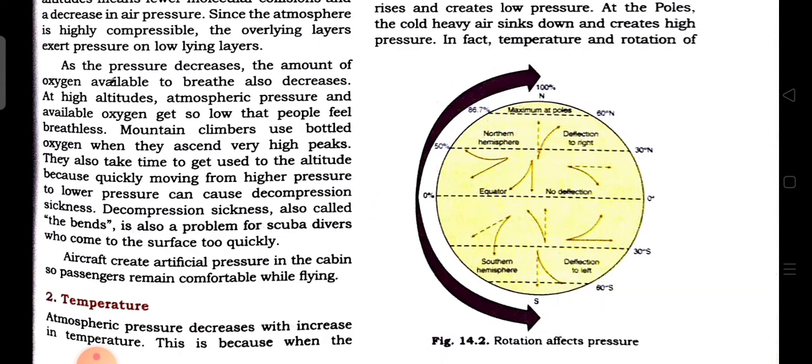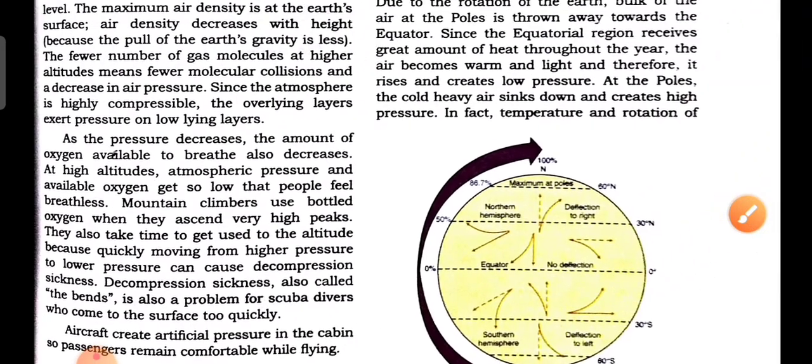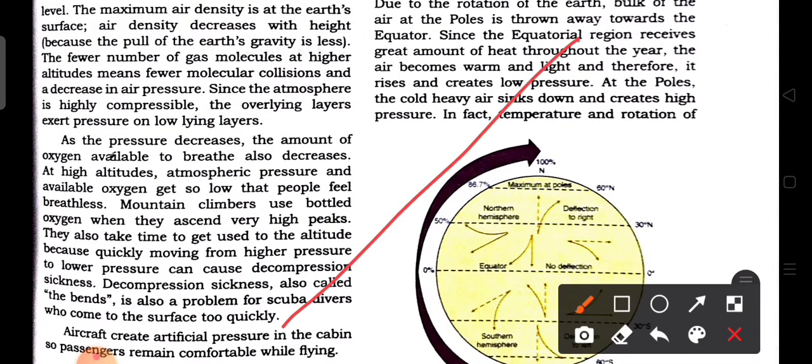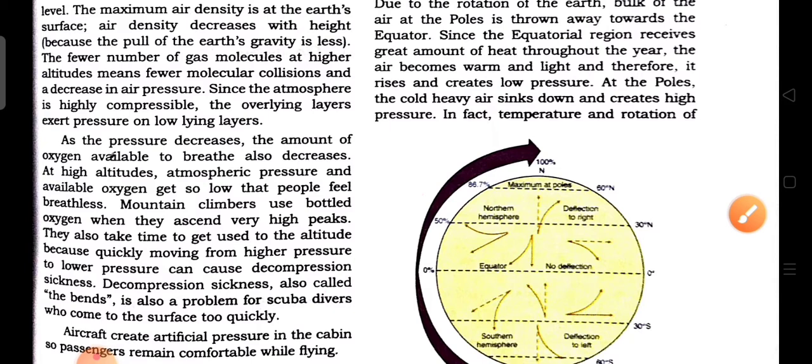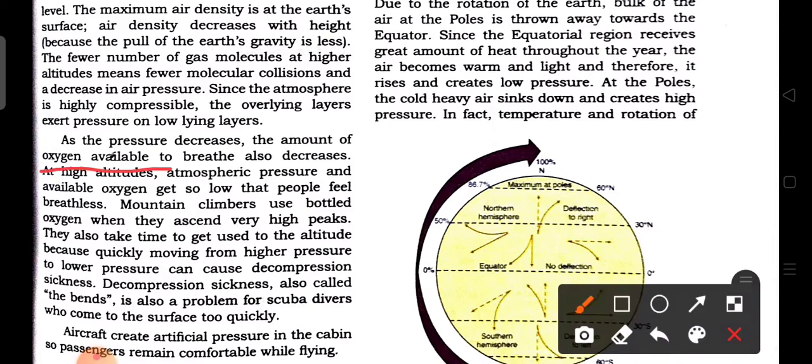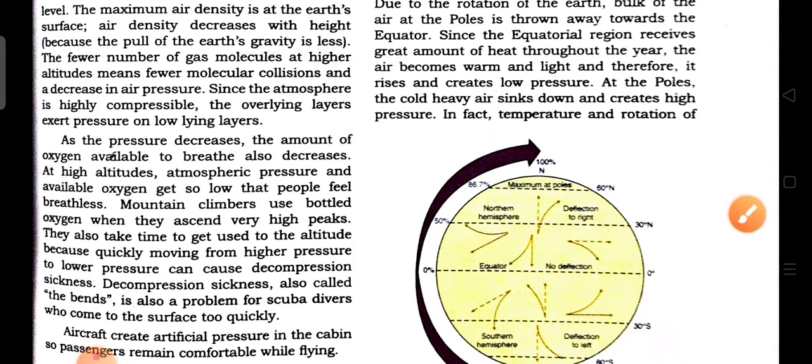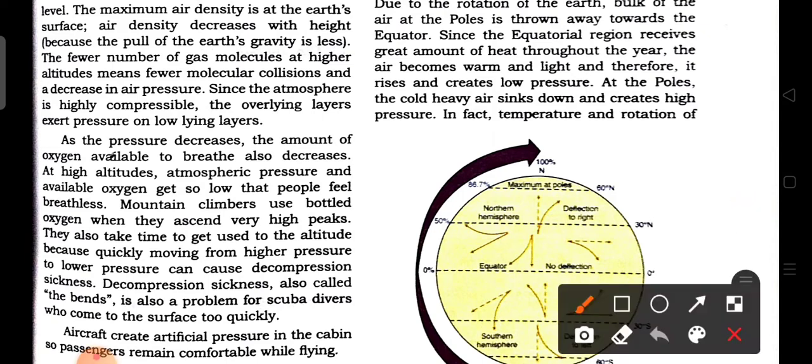So, if we go to the higher region, the pressure or the density of the air also decreases. That causes a decrease in oxygen available there. At high altitude, the atmospheric pressure and the available oxygen get so low that people feel breathless.